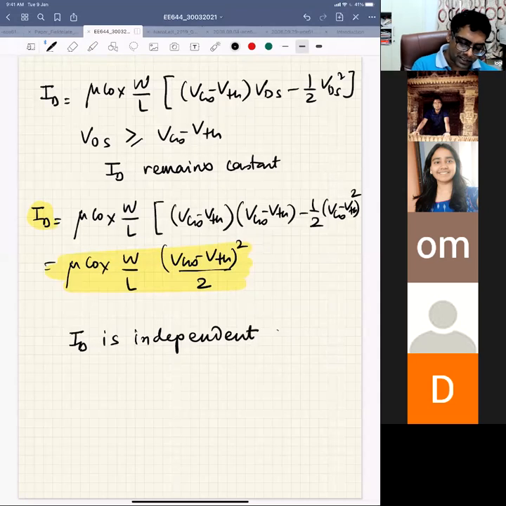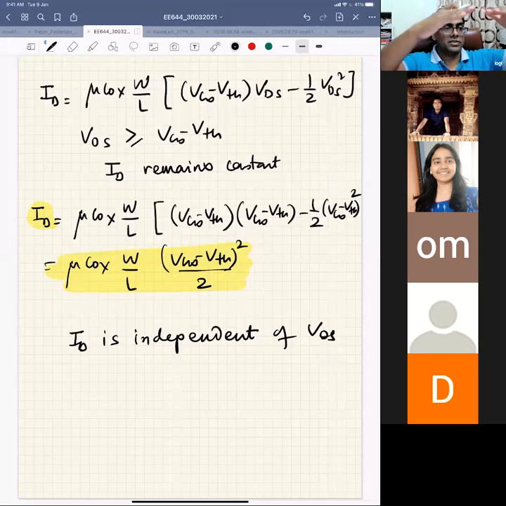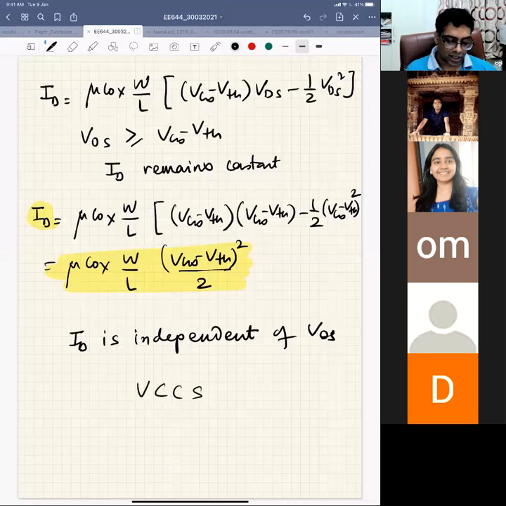That means your drain current does not depend on VDS. It just depends on VGS. So this behaves like a current source, and the value of that current source could be changed with VGS. So that is a voltage controlled current source. In this region of operation, your MOS transistor behaves like a voltage controlled current source.